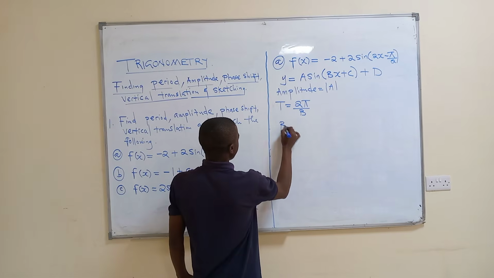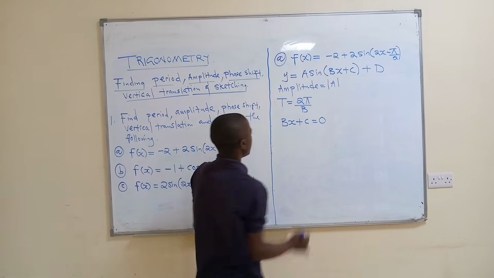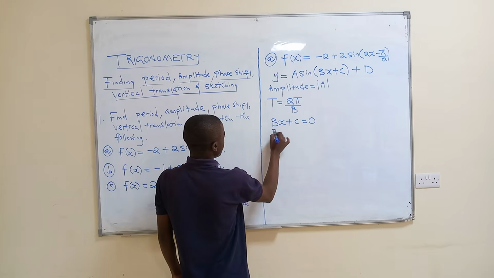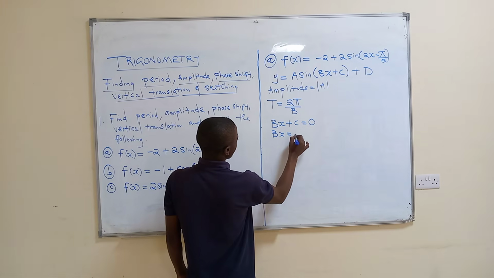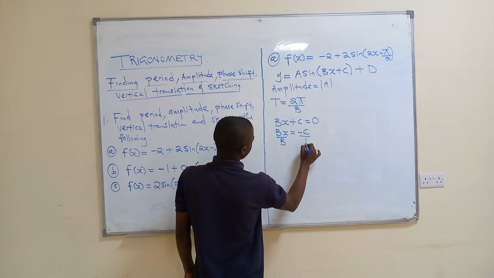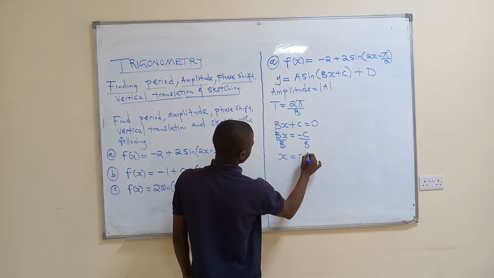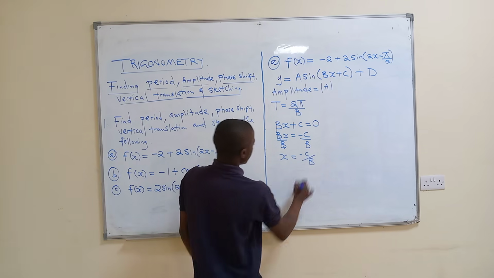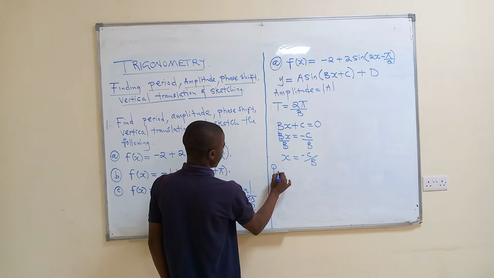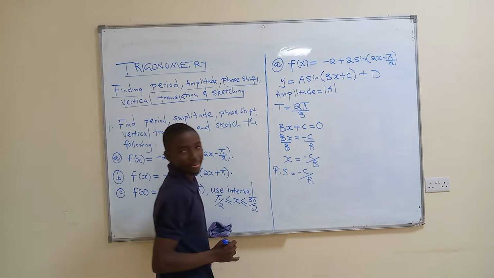That is bx plus c equals 0. Make x the subject of the formula, and you are going to remain with bx equals negative c, so x equals negative c over b. So phase shift is equal to negative c over b.